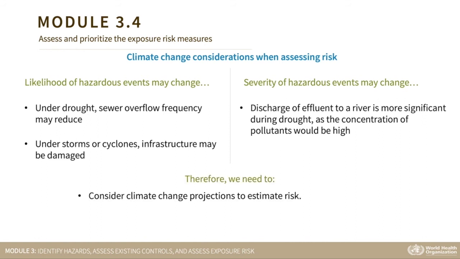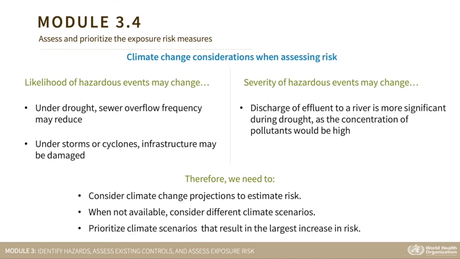Therefore, we need to draw on climate change projections to consider the potential for climate change to influence the risk. When climate projections are not available, consider how different climate scenarios will affect the severity or the likelihood score. The climate scenarios that result in the largest increase in risk should be prioritized.